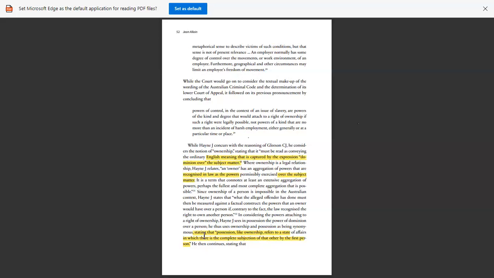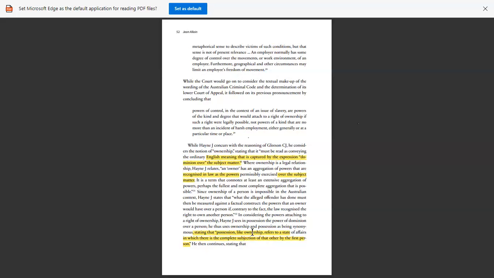So again, down here, stating that possession, like ownership, refers to a state in which there is a complete subjection of the other by the first person. This is in documentation now, but this is also what's happening in a de facto situation, yet somehow being carried out as a de jure activity.